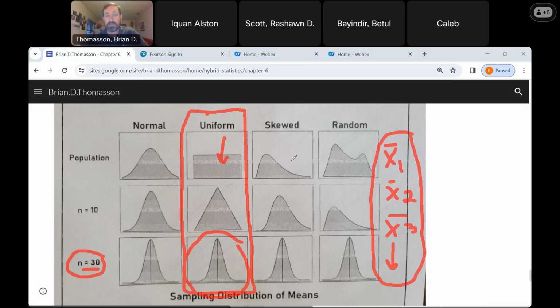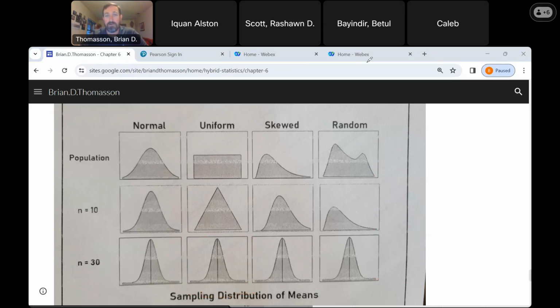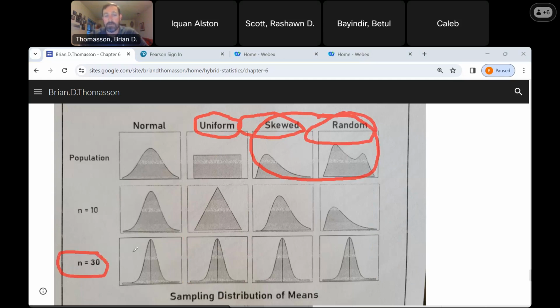But if we have some distribution that's not normal, say a skewed or random distribution like these last two, we don't know a lot about those. And making inferences about those types of distributions is very hard. But notice, it doesn't matter if it's a uniform, a skewed, or a random distribution, as long as we sample 30 from it, like we did before, they all become normally distributed.